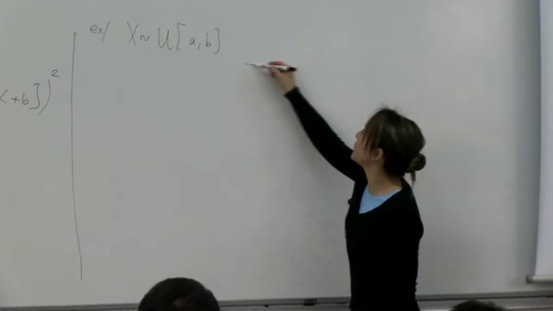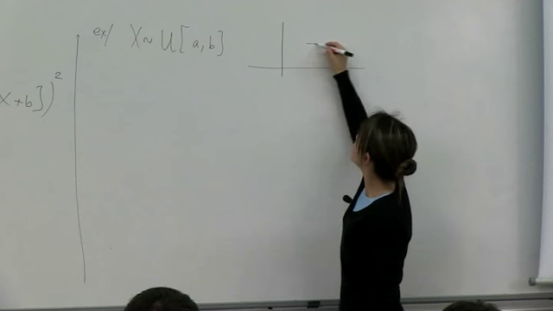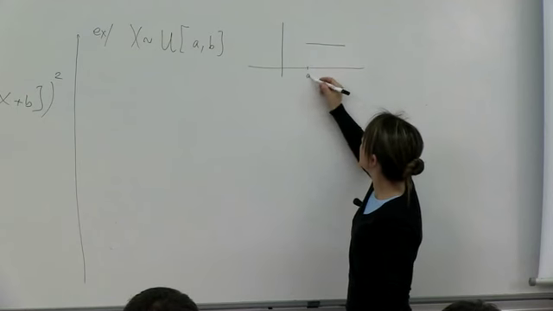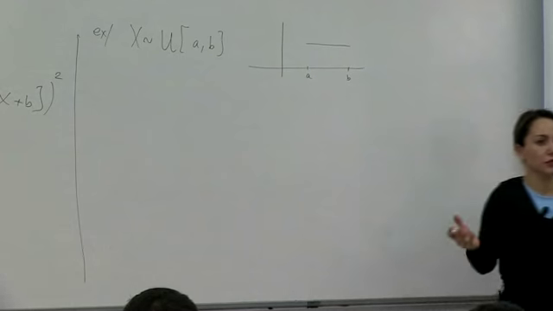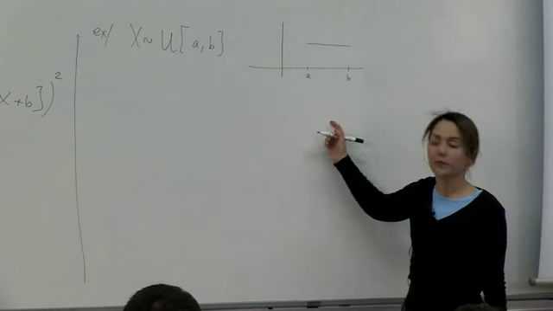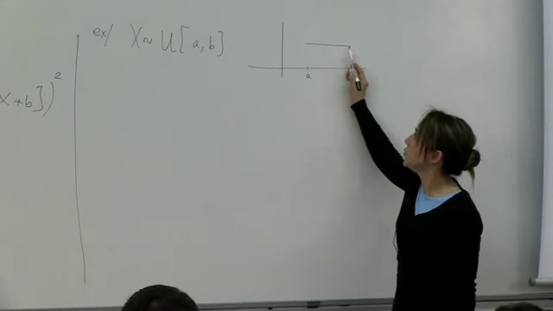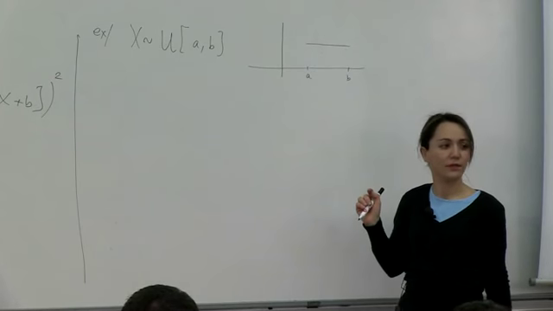Okay, so let's first see what kind of function the PDF is. Let this be a and this be b. A and b don't have to be positive, of course. They can both be negative, or one is positive and one is negative, as long as the density is continuous in between the points a and b.